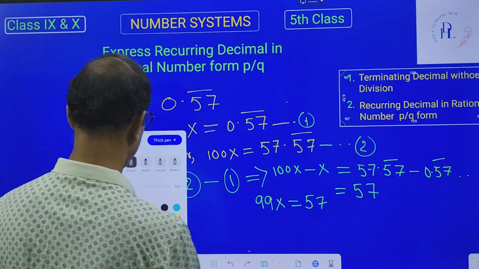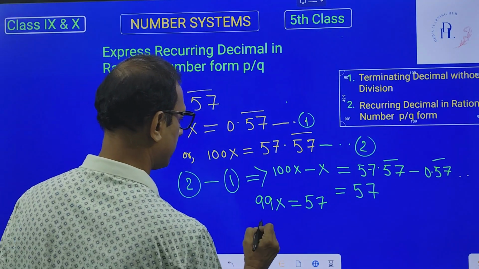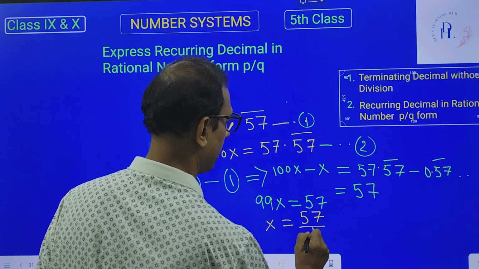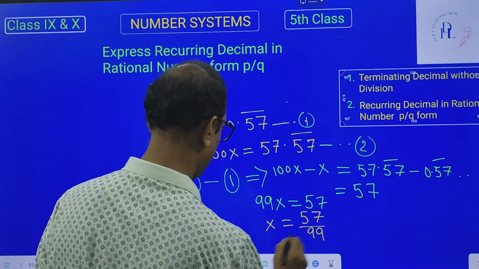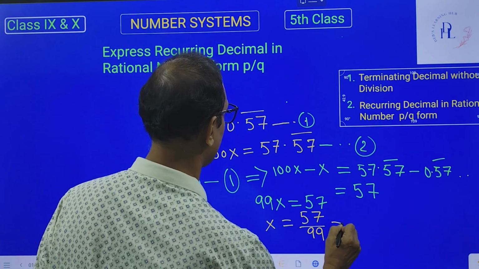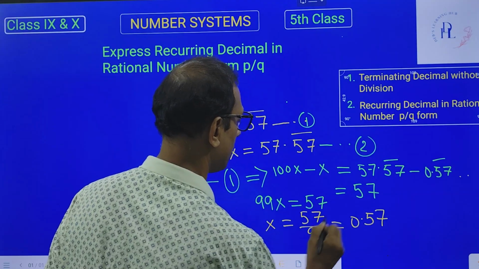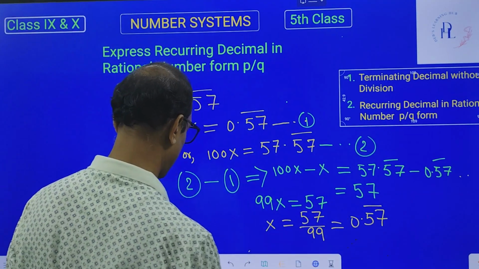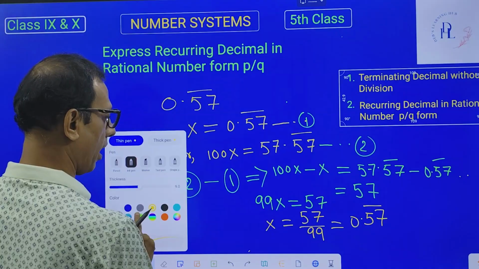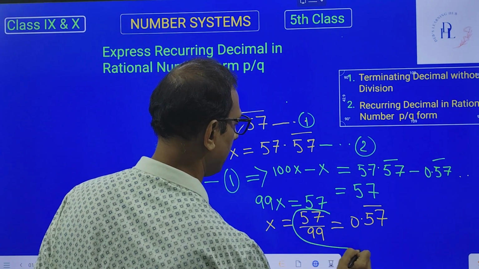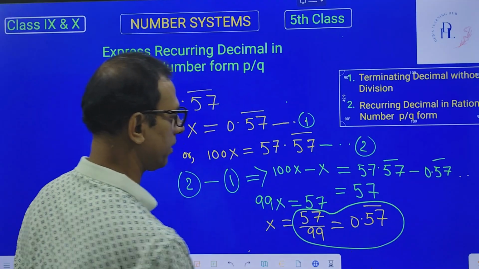So x equals 57 by 99. So this is, and that is equals to 0.57 recurring, right? So this is your answer. 57 by 99 equals 0.57 recurring.